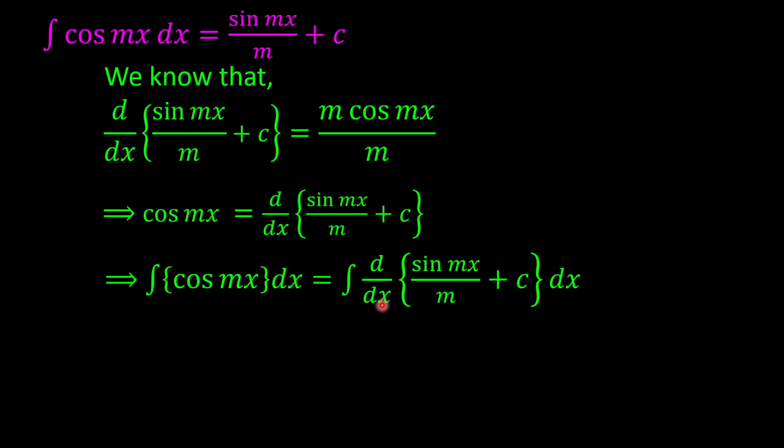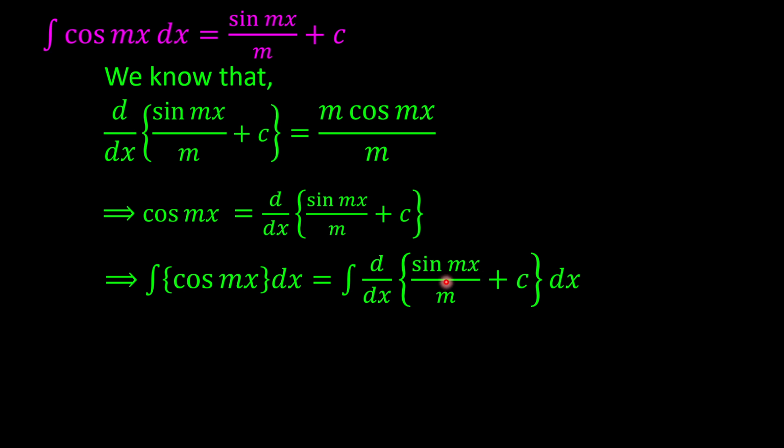And if you notice on the right side, you will find that this integration dx and the derivative symbol d dx will cancel each other, because integration is the antiderivative of d dx.